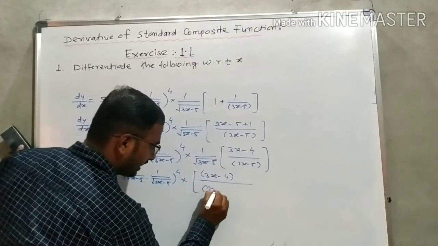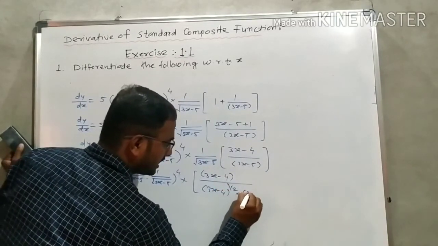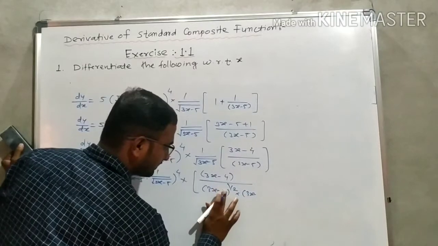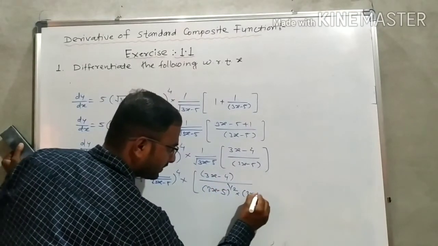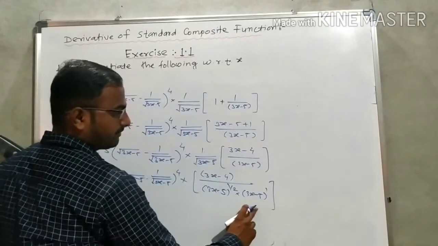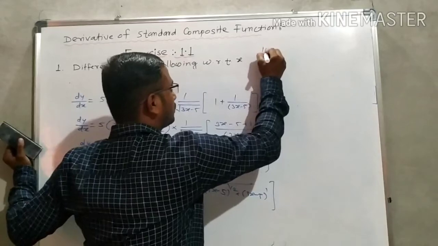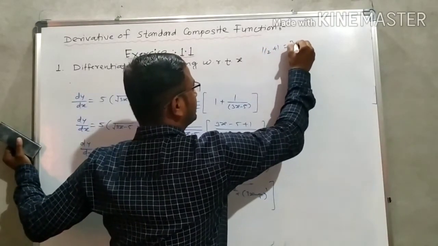Square root means 1 by 2, into 3x minus 4, 3x minus 5 to the power 1. The base is the same, so what happens to the powers? Addition, so 1 by 2 plus 1 is 3 by 2.